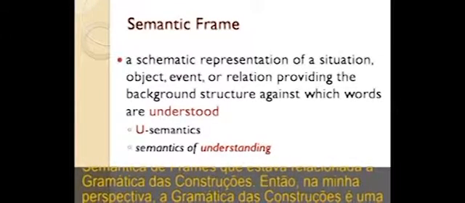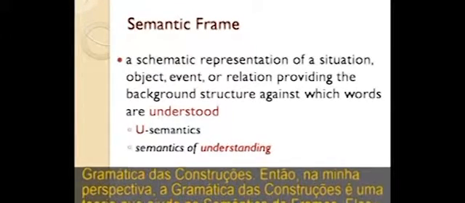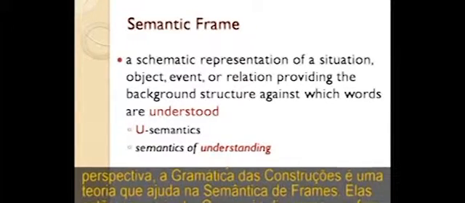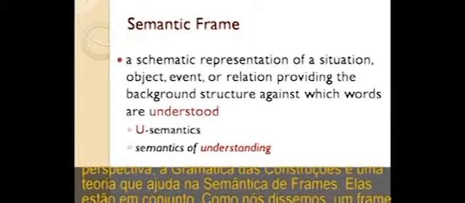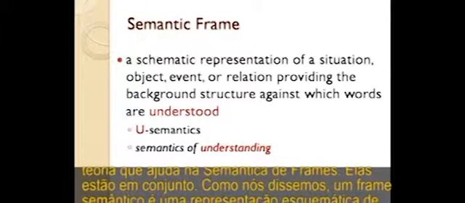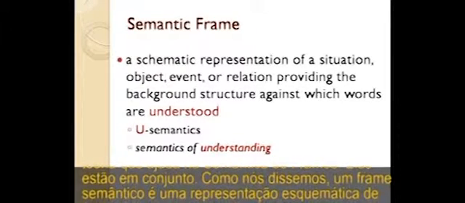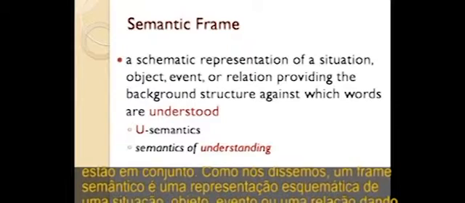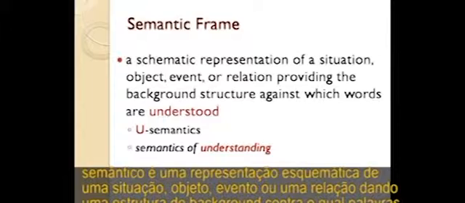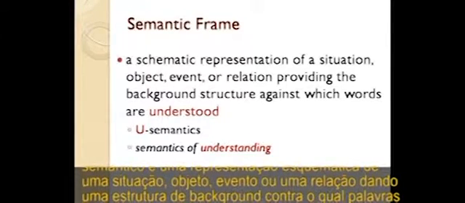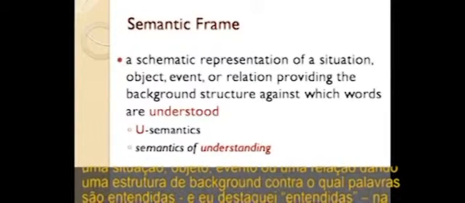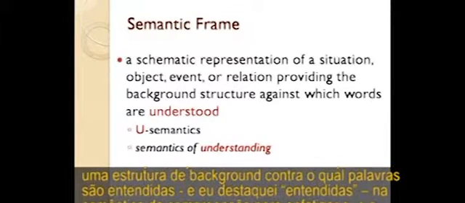And I've highlighted "understood" and U for U-semantics and the semantics of understanding to emphasize that the notion of understanding is at the heart of the enterprise. The goal, as I said yesterday, is to figure out what a speaker of a language needs to know in order to use the language appropriately.